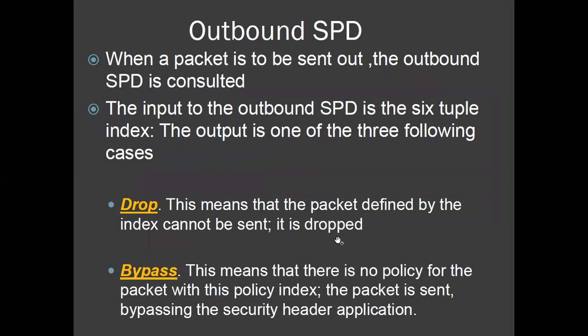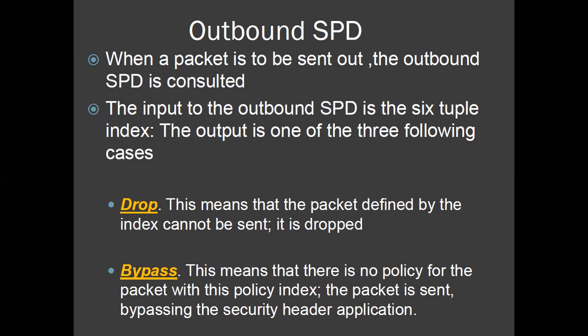Now, in case of the outbound security policy database, outbound is always used while sending the packet. So when a packet is to be sent out, the outbound security policy database is consulted. How is the packet processed here by the sender?